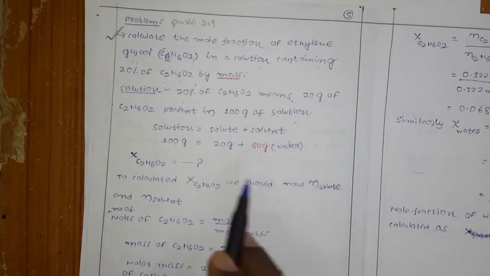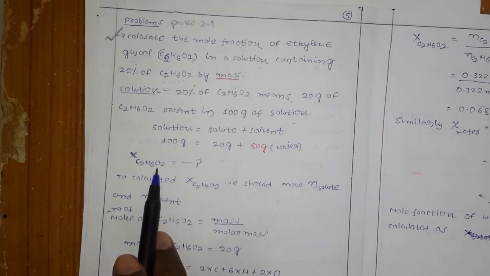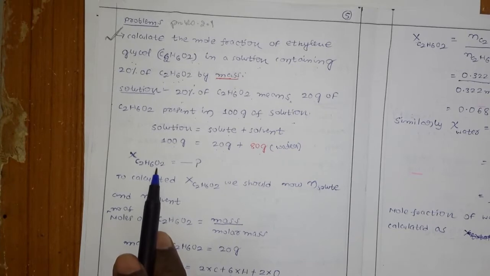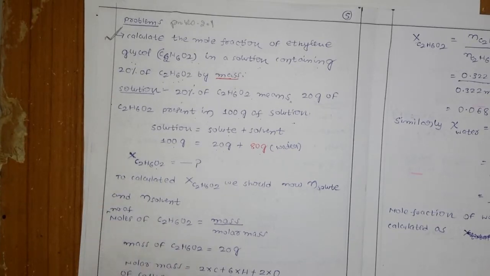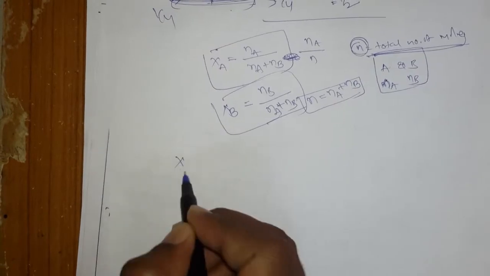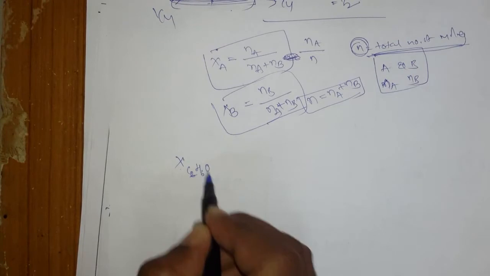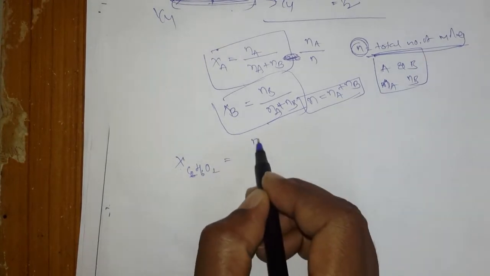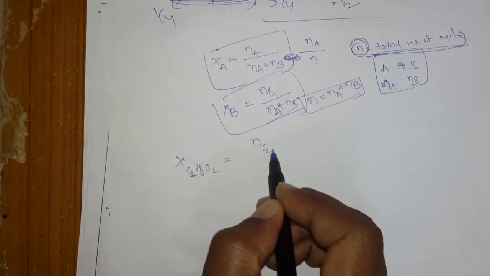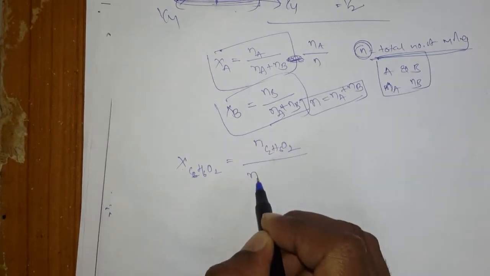Now you have to calculate the mole fraction of ethylene glycol. How can you calculate it? The mole fraction of C2H6O2 is nothing but the number of moles of this component C2H6O2 divided by the total number of moles.